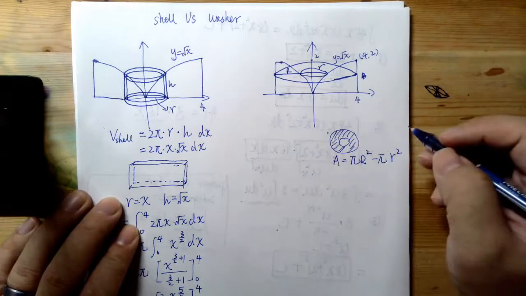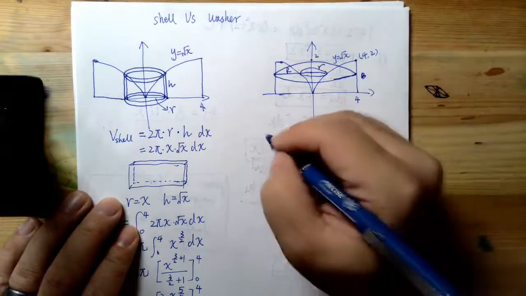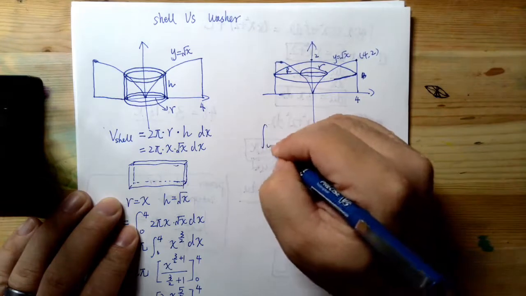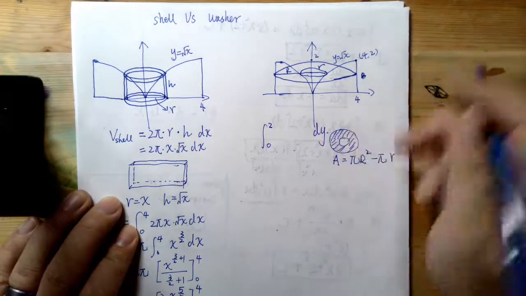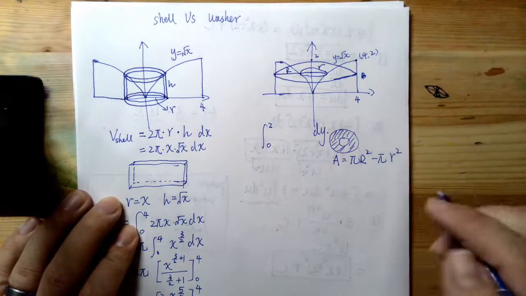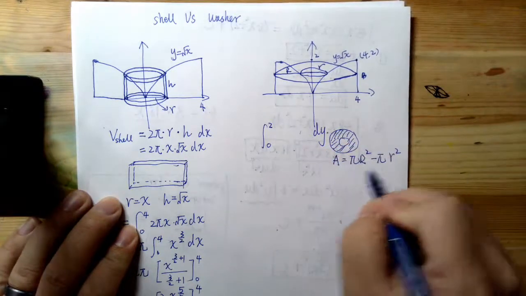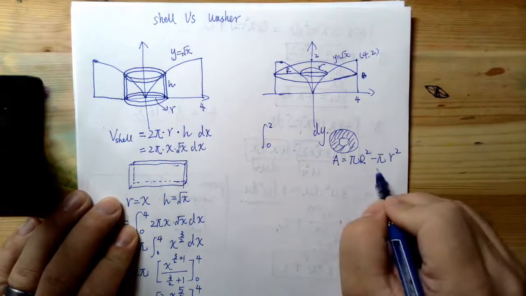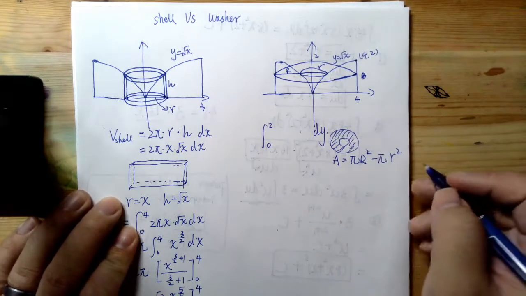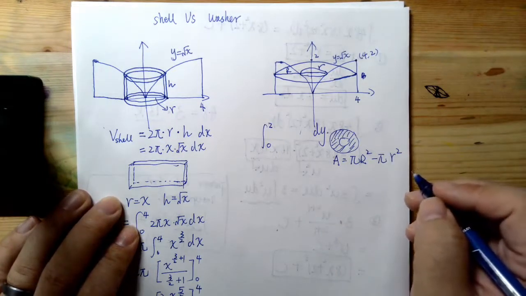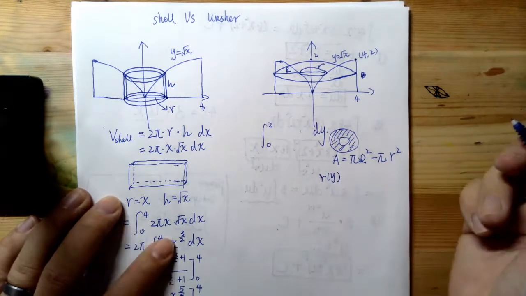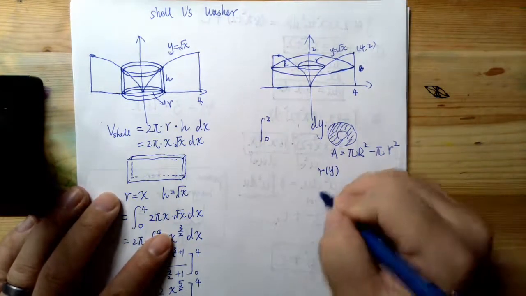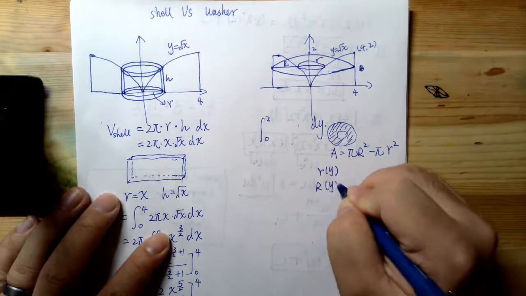Before we do anything, we know that our integral is going to be from 0 to 2 of something dy, and the inside is exactly this piece. The next thing is we need to figure out the little r in terms of y, and also the capital R in terms of y.